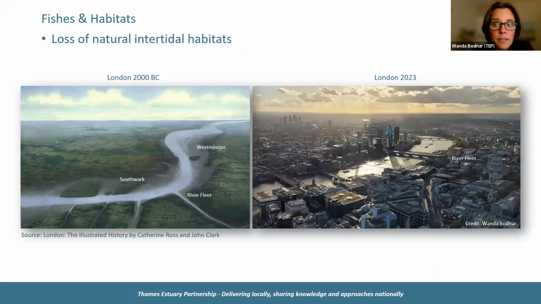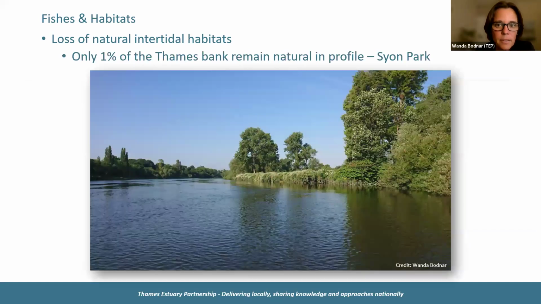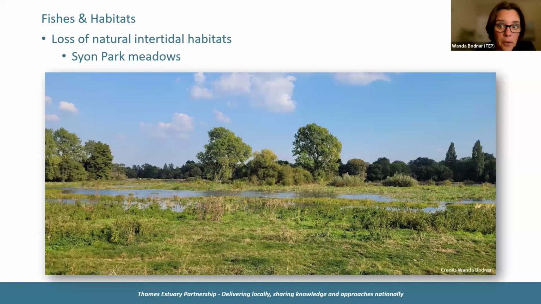In fact, today, only about 1% of the Thames riverside remains natural in profile. This is the 1.3 kilometer long tidal flood meadow at Syon Park in West London. This is Syon Park meadows looking towards the river during spring tide.